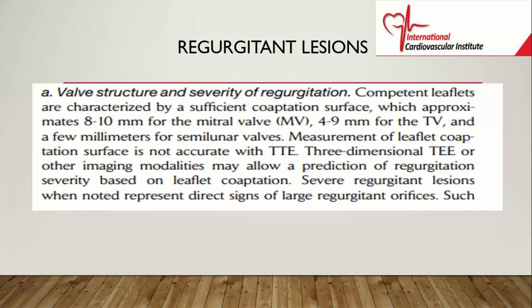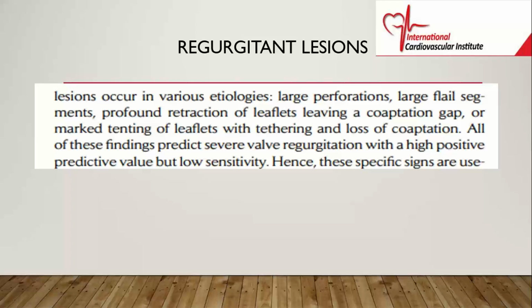So you can do your three-dimensional TEE or your cardiac MR. But coaptation, because if there's a huge gap, then you can surmise that you're going to get significant regurgitation. Okay, so by just looking at the valve and looking at coaptation, you can determine, is this going to be a severe lesion, yes or no?